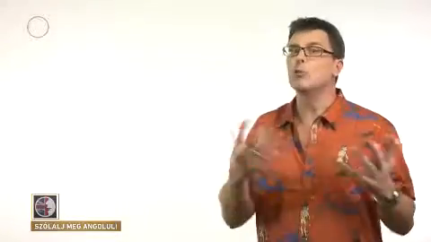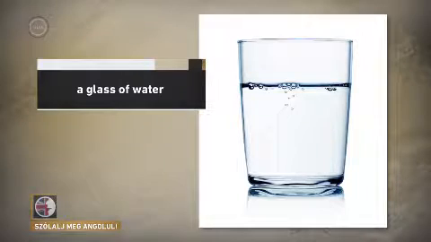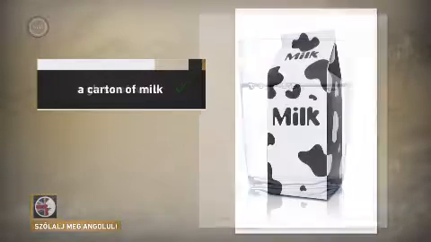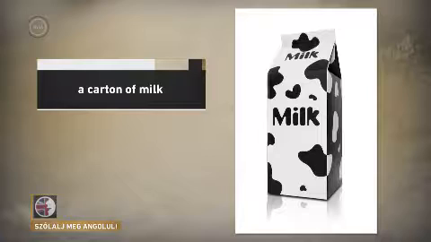If we pour water into a glass, then we get a glass of water. If we go to the supermarket and buy milk in a carton, it's a carton of milk. Okay, so I hope that we're all clear on using the indefinite article.